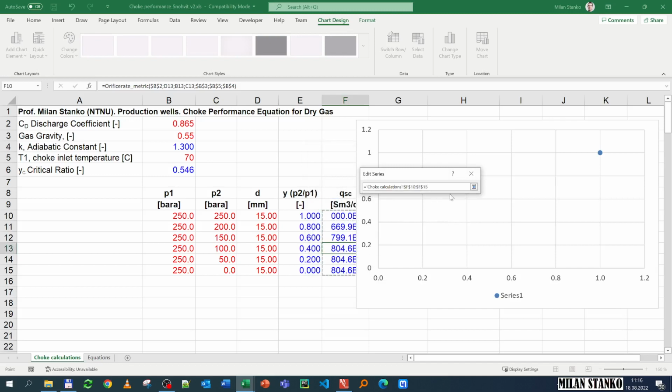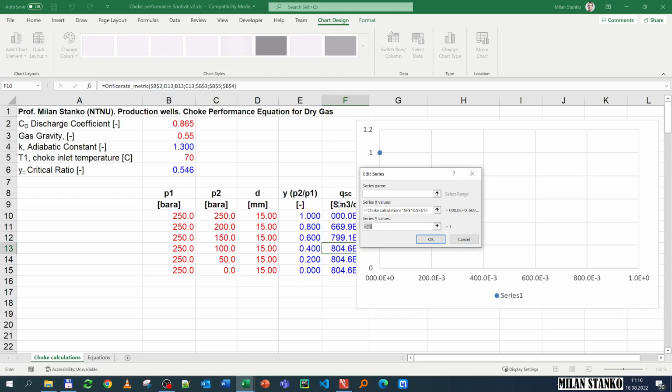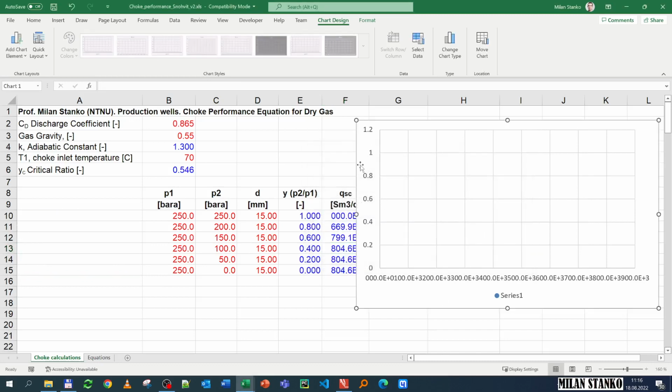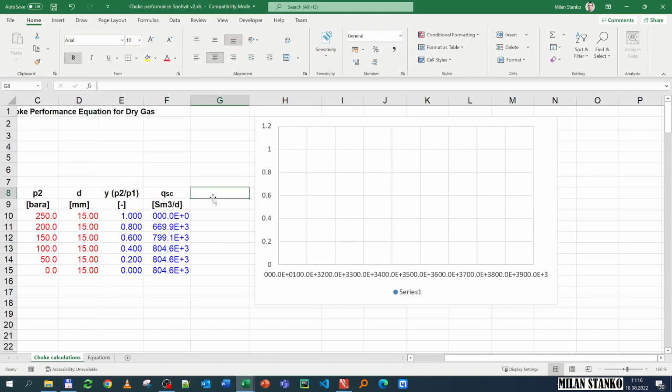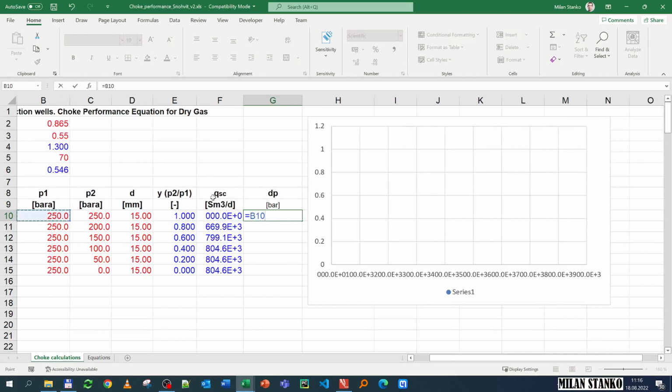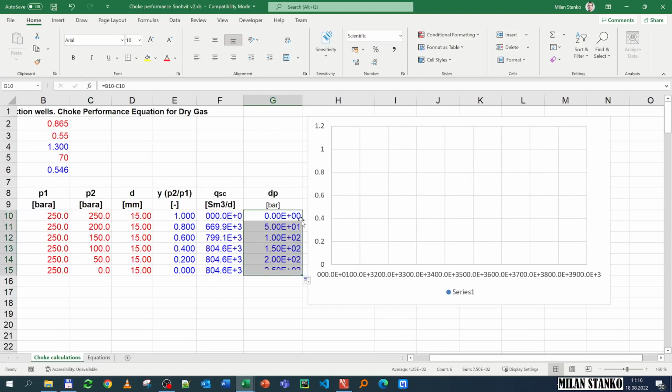The x is the rate, that's what we have been using so far, and the y should be the delta P, right? So we need one more column with the delta P. It starts at zero, and then it increases all the way to 250. That's the biggest value it has.